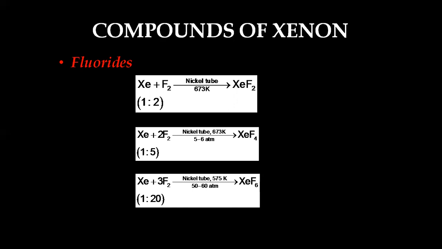So the ratio in which we take them is very, very important. The 1:2, 1:5 and 1:20 ratios decide the formation and the conditions. In some cases we apply less pressure, in some cases very high pressure.